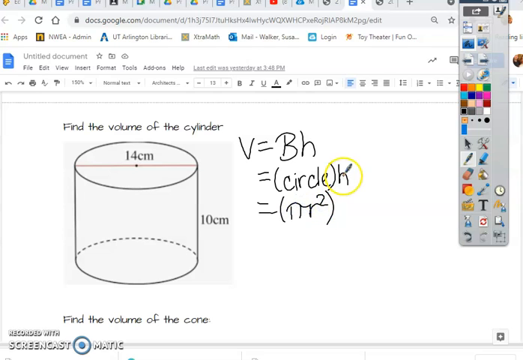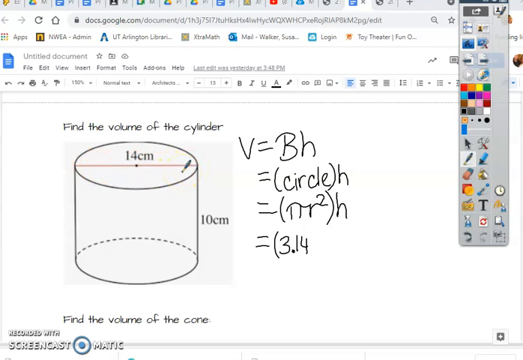Now, h goes outside. Now, next year, you'll be using a calculator for this, but for this year, we're going to estimate pi. Next year, you'll actually use the number that is on the calculator, okay? Now, here's what I need you to catch, guys. This is what I need you to watch when you're doing your math test tomorrow. R, radius. When I look at this, do y'all think the radius is 14?